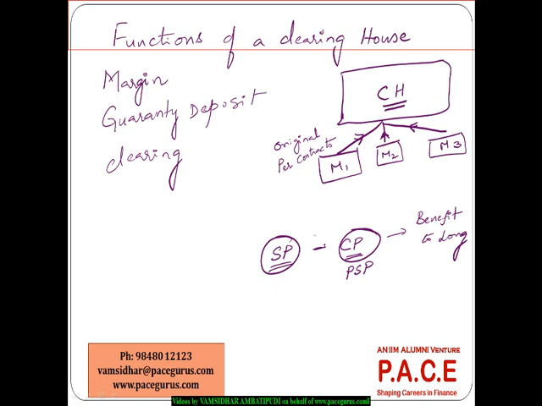Each of the members on a regular basis, on a daily basis, whatever is the settlement price for each of the contracts, and whatever is the contracted price, the difference between the two is either paid or received depending on the position they have entered into.